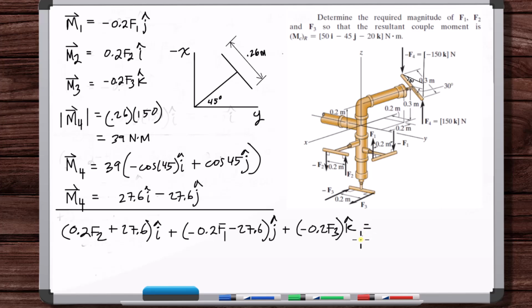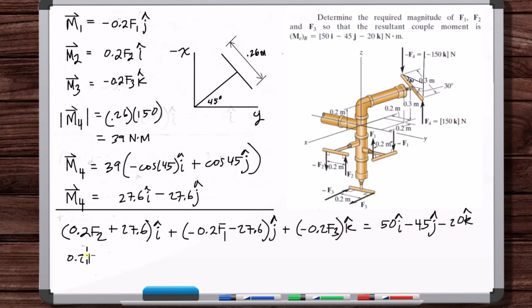This is equal to 50 i hat minus 45 j hat minus 20 k hat. There we go. Now just set these components equal and solve for F1, F2, and F3.